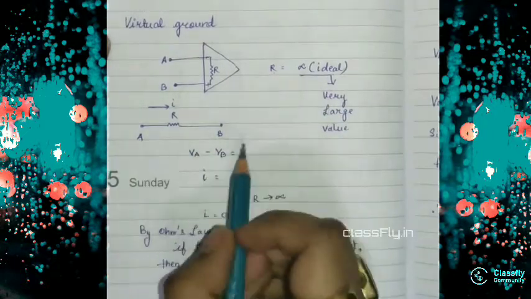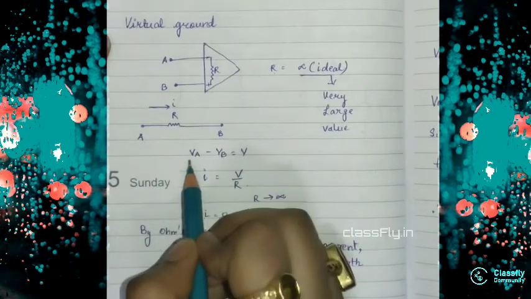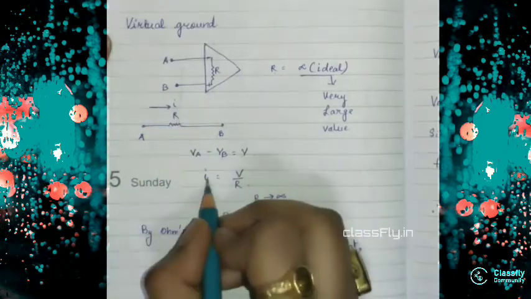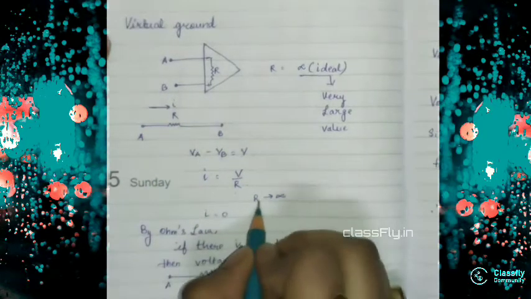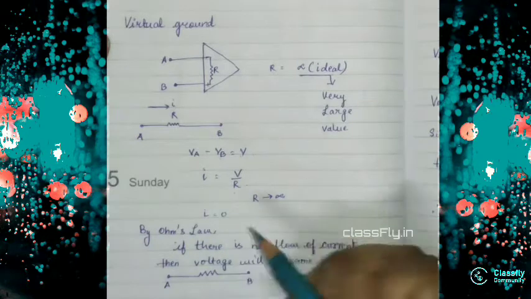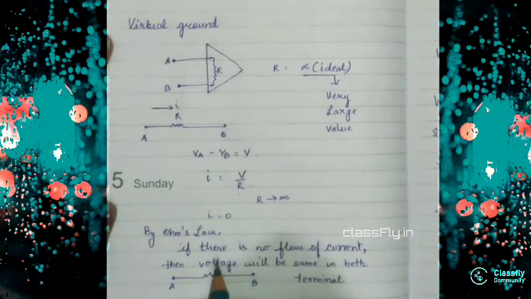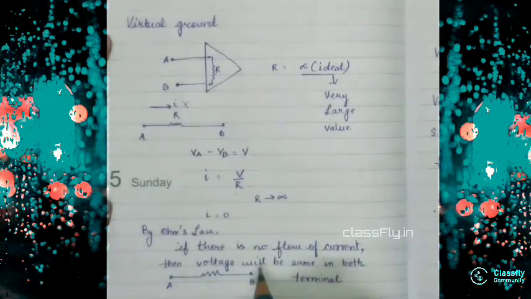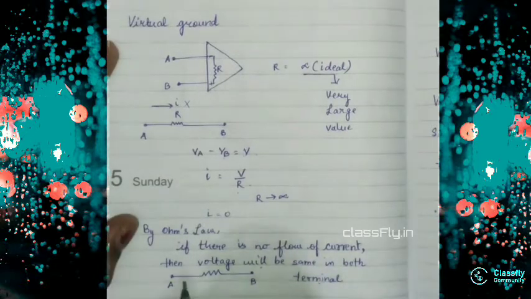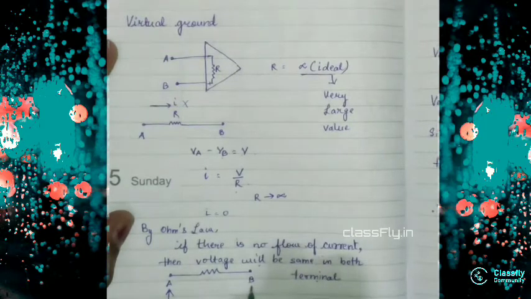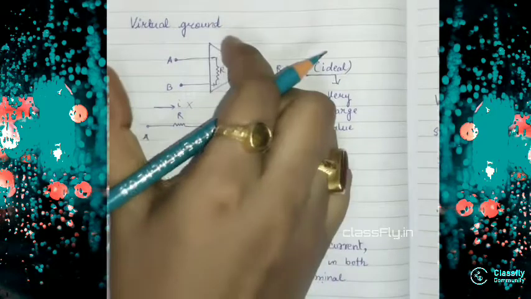Whenever we have a voltage difference, VA minus VB equal to V, and a current flows, then we have the formula I is equal to V by R. As we know, in the ideal condition R is infinity, so the value of I will be 0. By Ohm's law, if there is no flow of current, then the voltage will be the same at both terminals. The voltage of A will be the same as the voltage of B. If the voltage of A is 5 volts, then B also will be 5 volts. This is what virtual ground means.